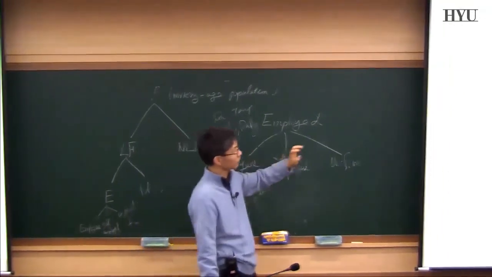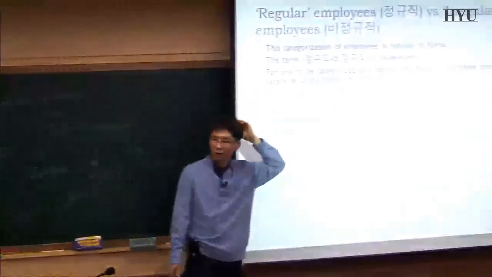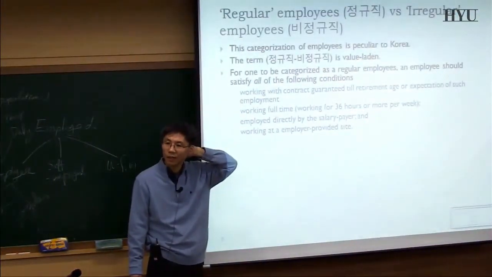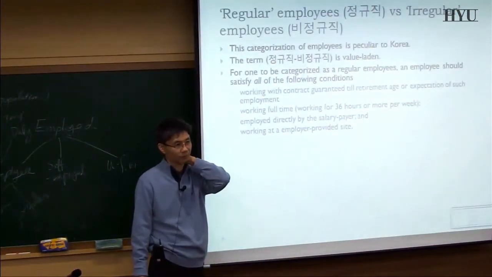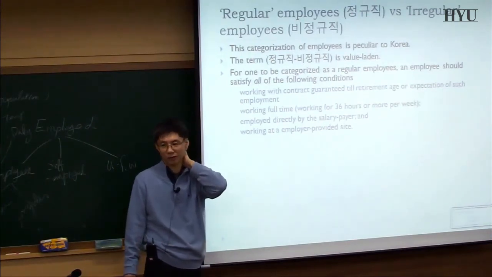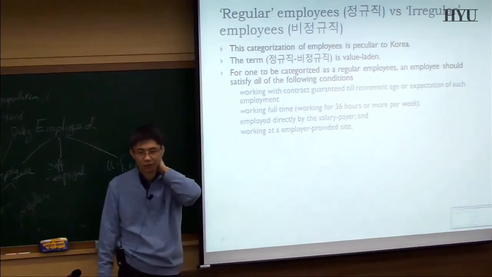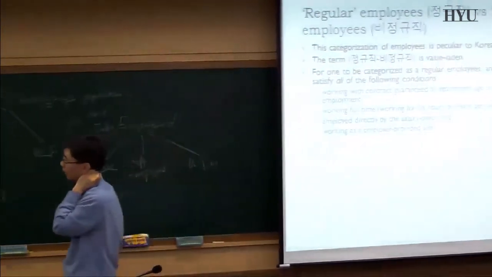So they are not regular employees. A lot of artists are not regular employees, because a lot of artists are hired based on their project, right? They're performance-based. So it's very narrowly defined.